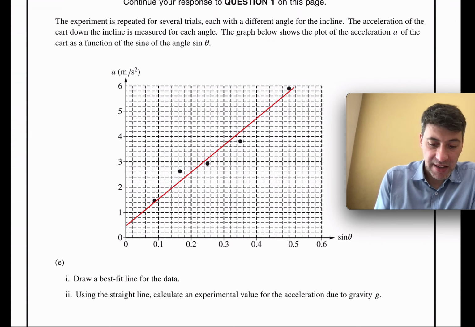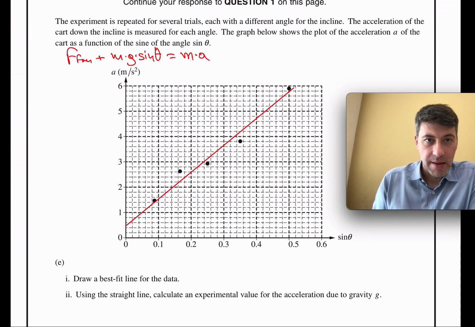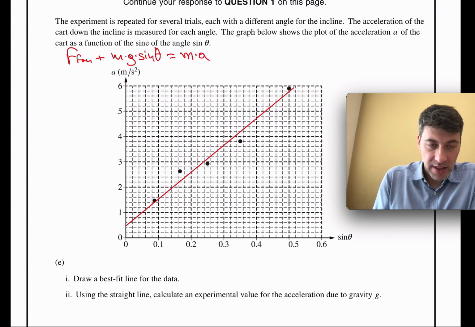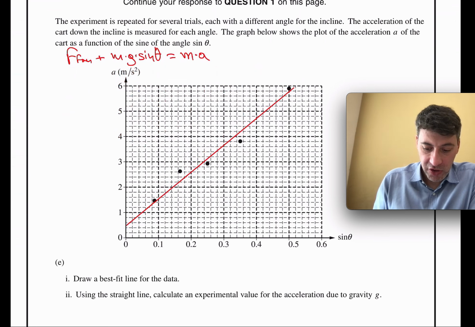Now, I believe that we're going to bring back the previous equation that we used, the force by the fan plus m times g times sine theta is equal to ma. And we can see that on the y-axis we have the acceleration, and on the x-axis we will have the sine theta. So we'll try to leave the acceleration alone.